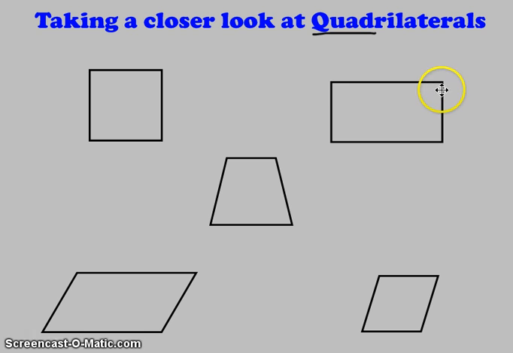These are the only 2 quadrilaterals that have right angles. None of the others do. If you look down here on the bottom row, this parallelogram is similar to the rhombus, because while they both have 4 sides, neither one of them has right angles.